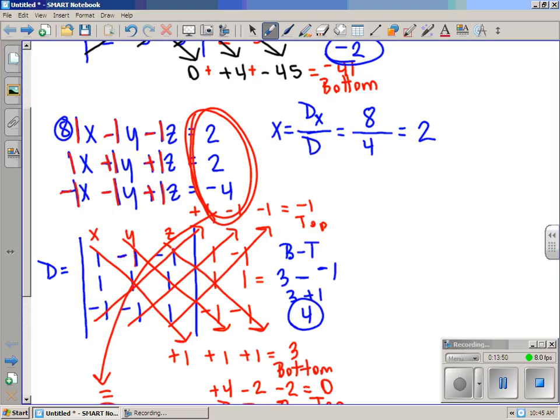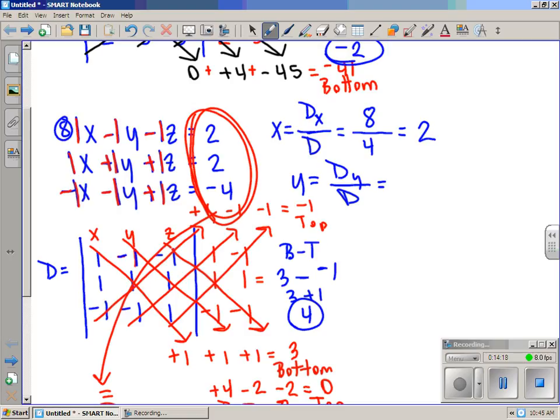However, we also need to know what y is, and we need to know what z is. To find y, or you could find z next, it doesn't matter the order. I just tend to go alphabetically in order. To find y, you use the determinant of y, and again that's d sub y, not d times y, over the determinant of the whole thing.